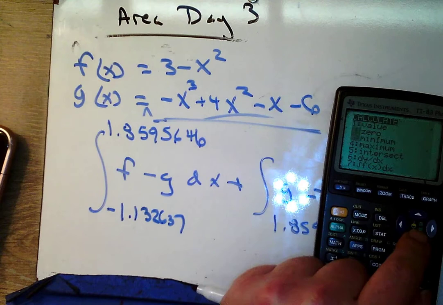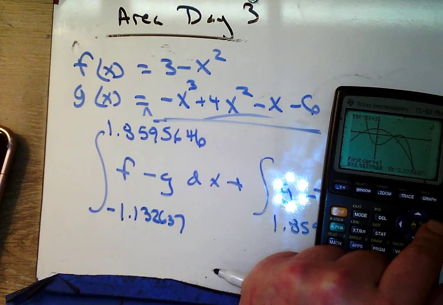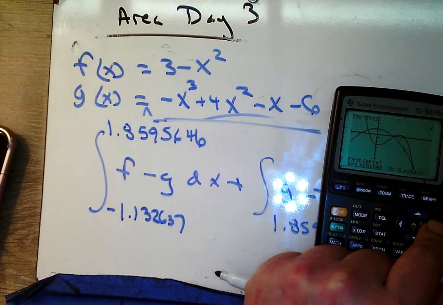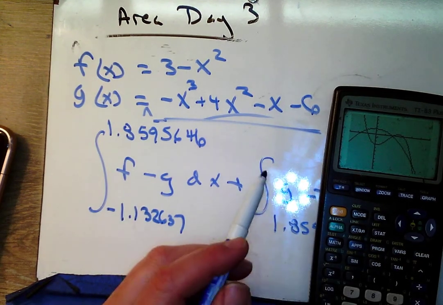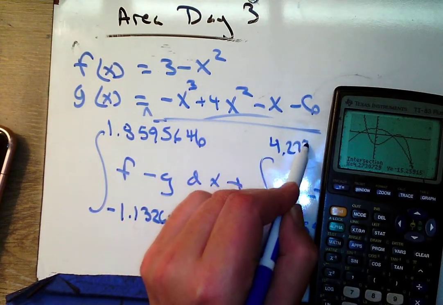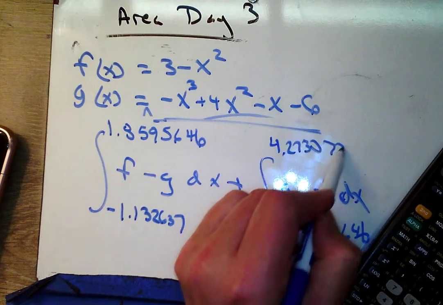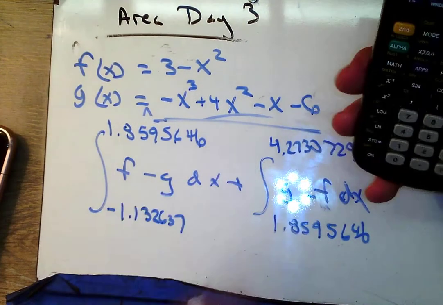Second, calculate, intersect. One, two, three. All right, 4.2730729. Fabulous.